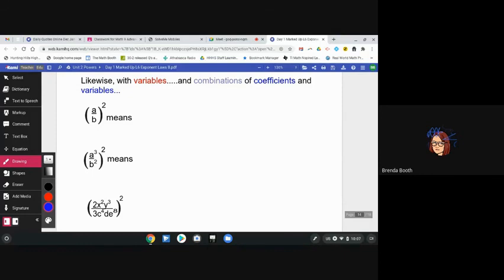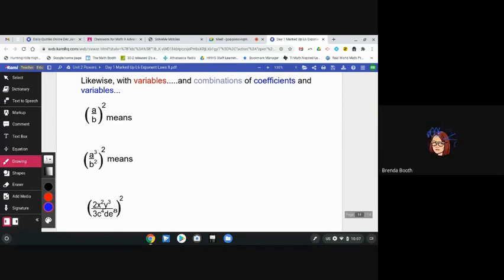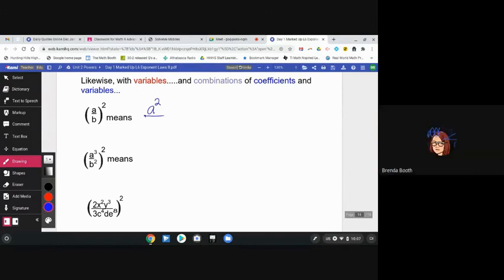Are you having problems with your mic? Can you hear me now? Yeah, I can hear you now. A to the power of 2 over b to the power of 2. There we go. So it just makes it easier to work with, right? 2 single powers rather than a fraction.